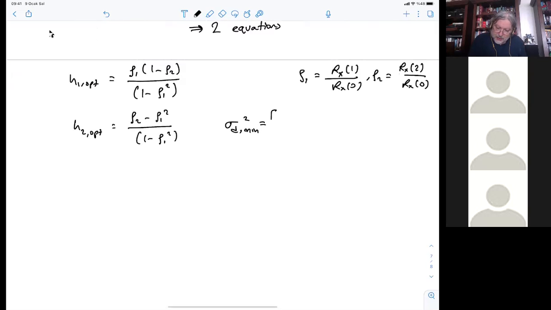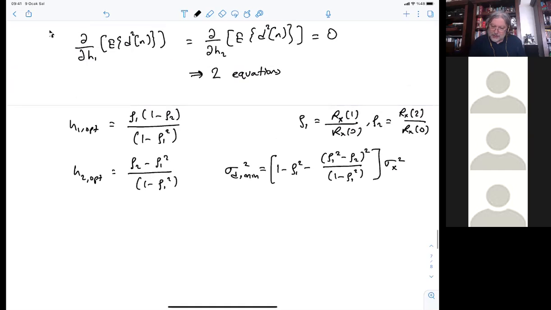It is now equal to 1 minus rho 1 square minus, oops, sorry, it's not sigma, it's (rho 1 square minus rho 2) squared, divided by 1 minus rho 1 square, times sigma x square.